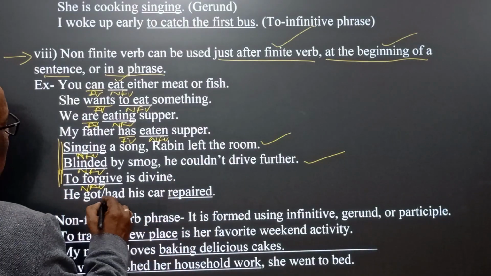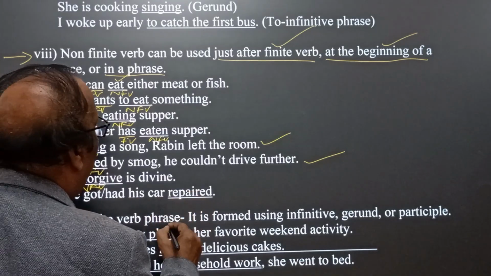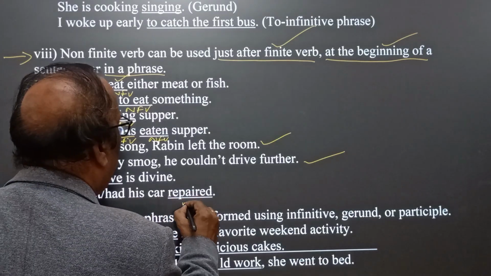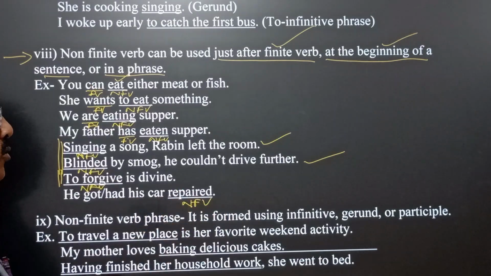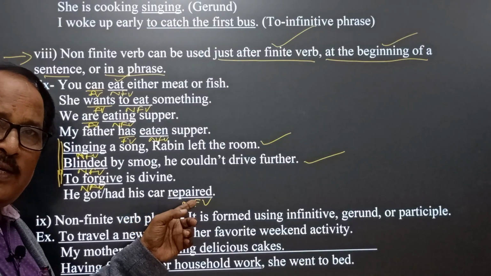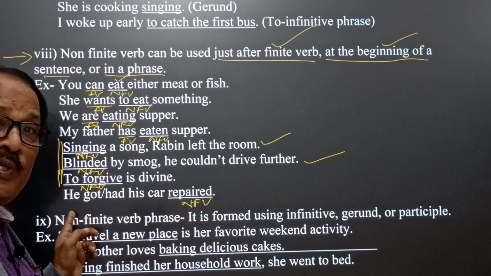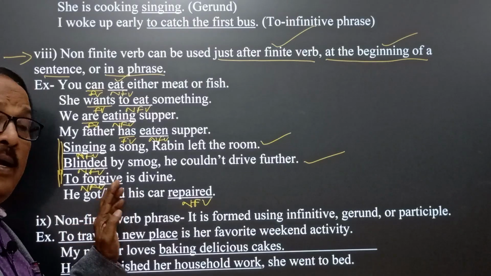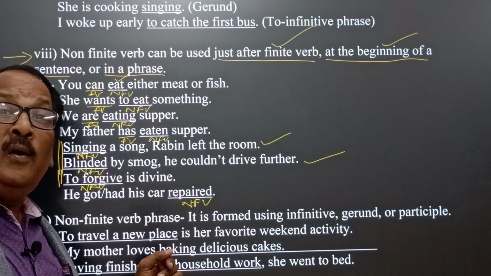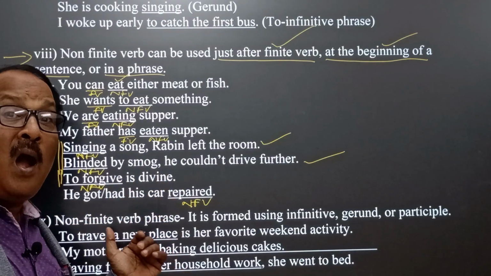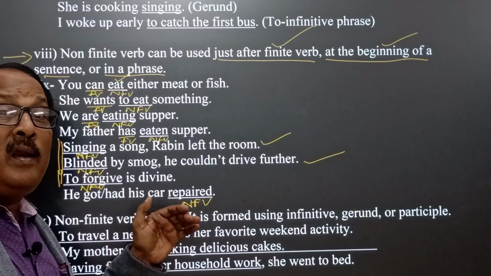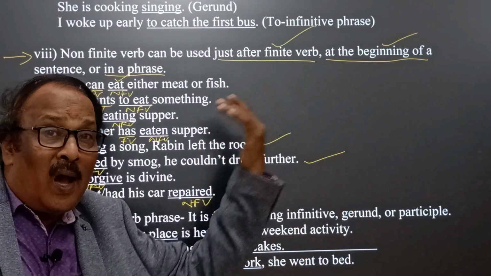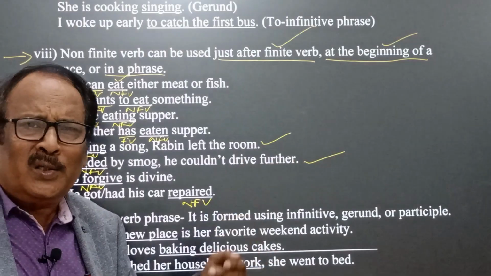He got or had his car repaired. Here repaired is a non-finite verb and it has been used at the end of the sentence. It is a passive sentence. It means he didn't repair his car himself. He had or got his car repaired by a mechanic or somebody.